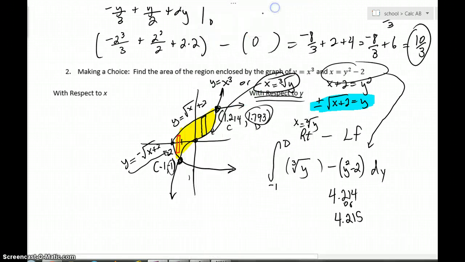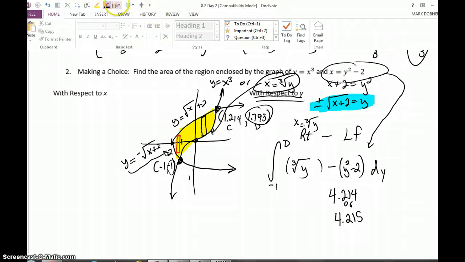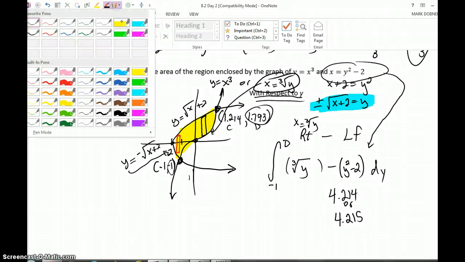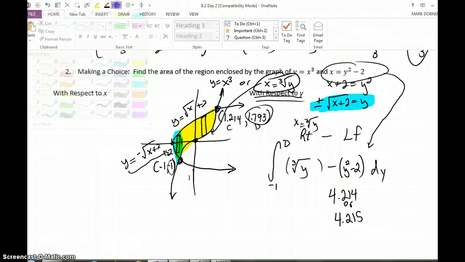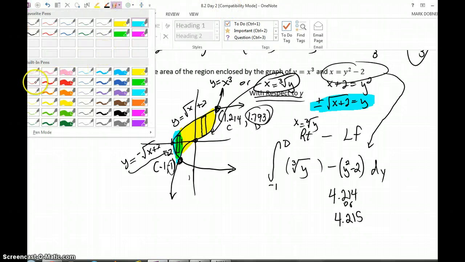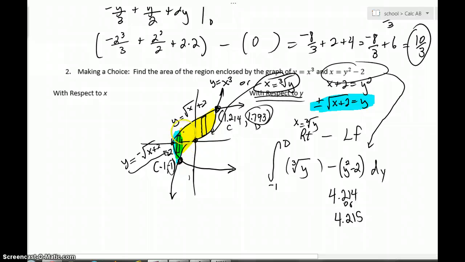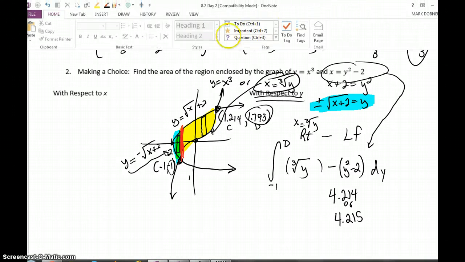So again, what I'm trying to point out is that sadly, as we're looking here, this region right over here has a change in boundaries. You can see it's at x equals -1, where we're in some trouble. We'd have to set up two integrals to be able to deal with this.